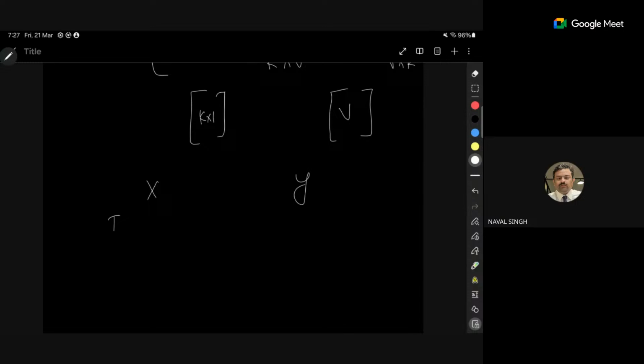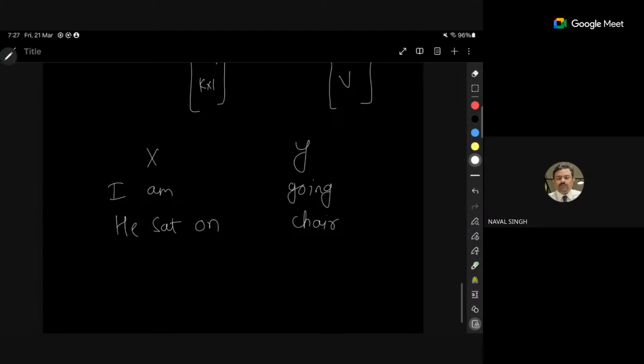Say the input is 'I am' and the output is 'going'. Then 'he set' and the output is 'on', then 'chair'. You have to choose the window size, how much context you are going to take.